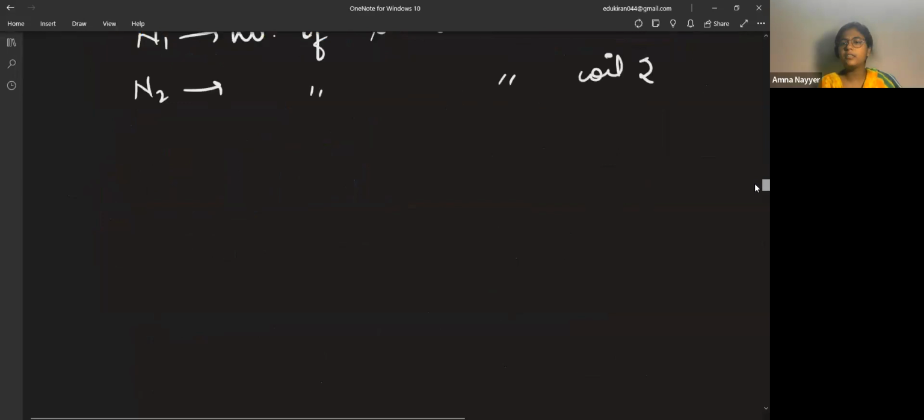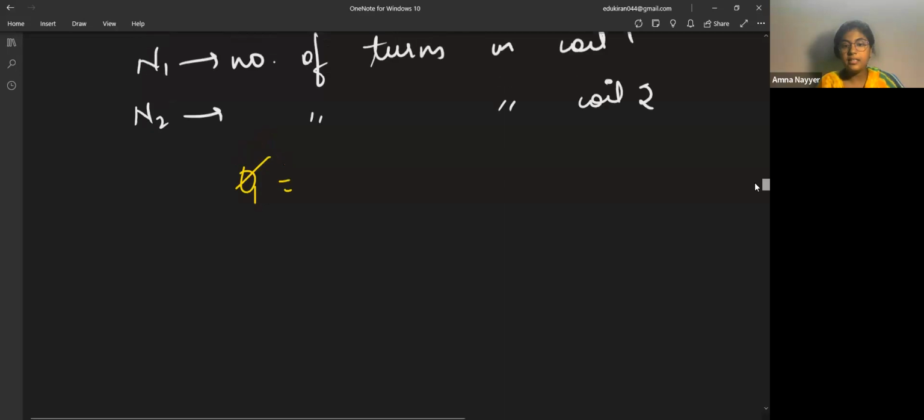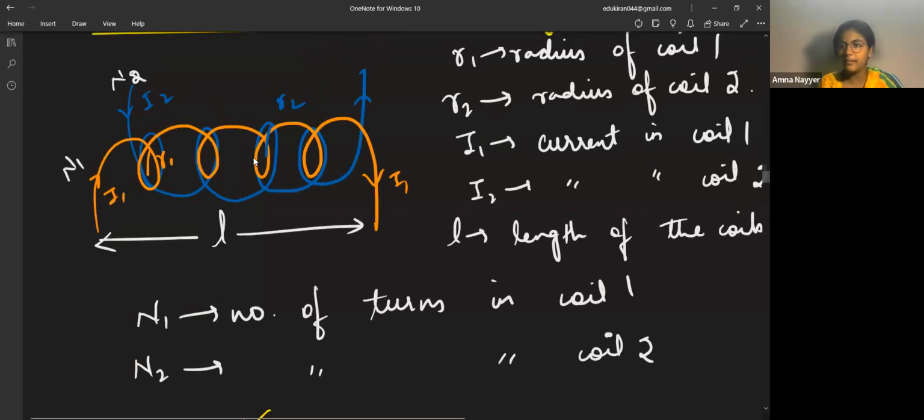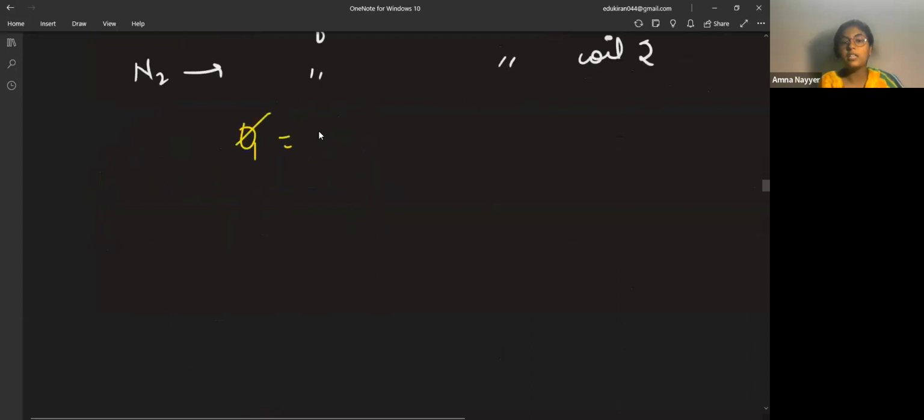Number of turns in the first one and number of turns in the second one, N1 and N2. See, when I say phi 1, the change in flux in the first one, the magnetic field that is being changed is of the second coil, right? The magnetic field of the second coil changes. So that's why magnetic field, I'll put it as B2.